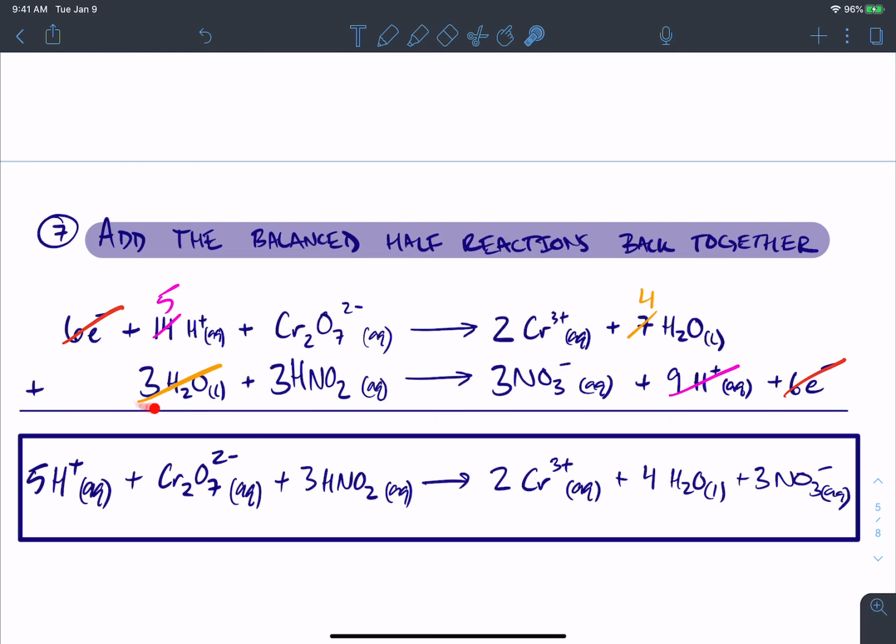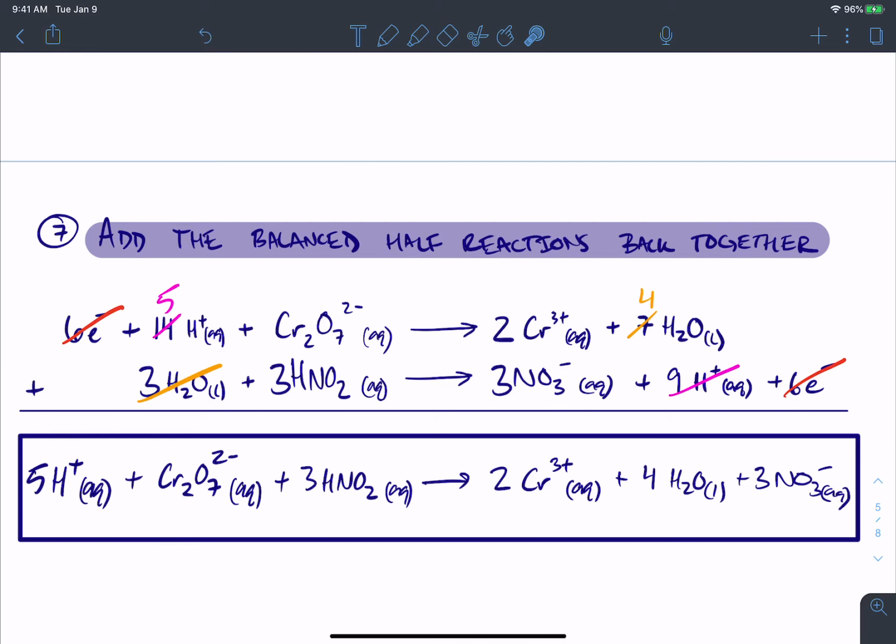So 3 water molecules on the reactant side will cancel with 3 of those 7 water molecules on the product side for a net of 4 water molecules on the product side. And then the same is true for the hydrogen ions that we added. We have 9 hydrogen ions on the product side and 14 on the reactant side.